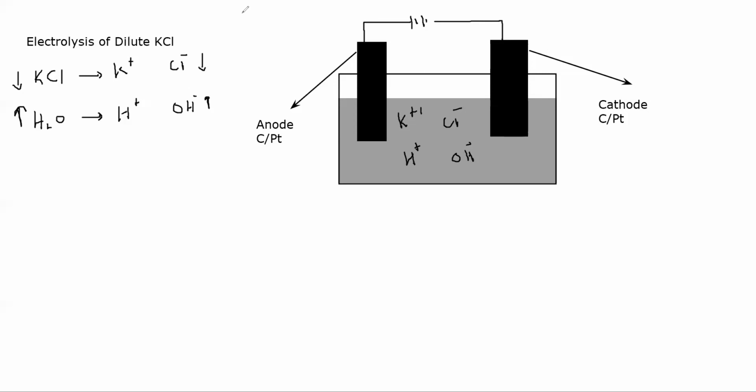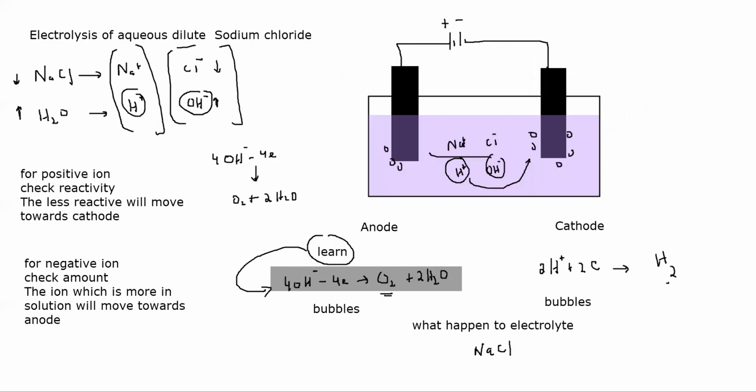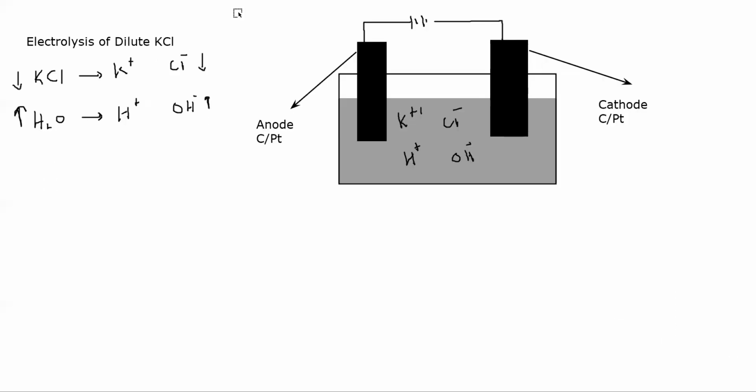But for positive ion, at cathode, the criteria for a positive ion, what we do, we check the reactivity. The less reactive will move towards cathode. Which is less reactive here?